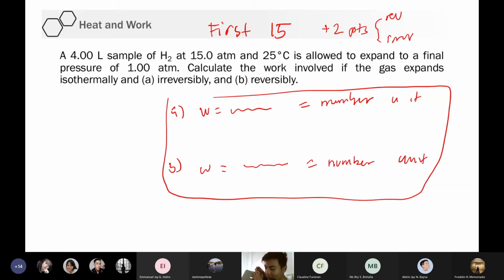Okay, so until now, wala pa rin. First 15 na magsagot, may 2 points pag tama. Malapit ko na matapos ma-assemble to. So, alam nyo na. Solve na. Dali.